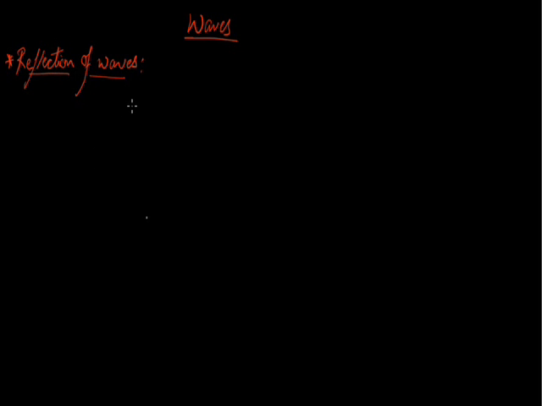So, this phenomenon we can understand through a graph. Let us suppose this is a rigid wall to which a string is attached, and we shake this string. So, what happens? A pulse is generated in this way. Here the left end of the same string is tied in this way.